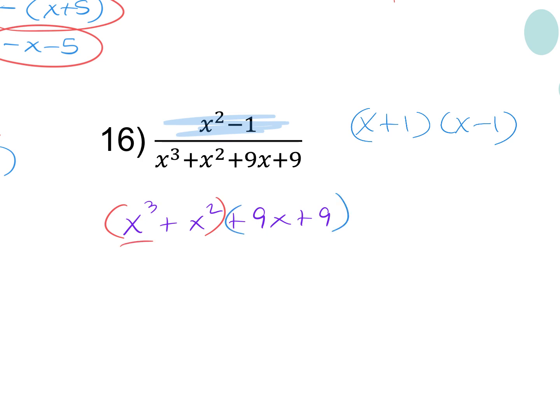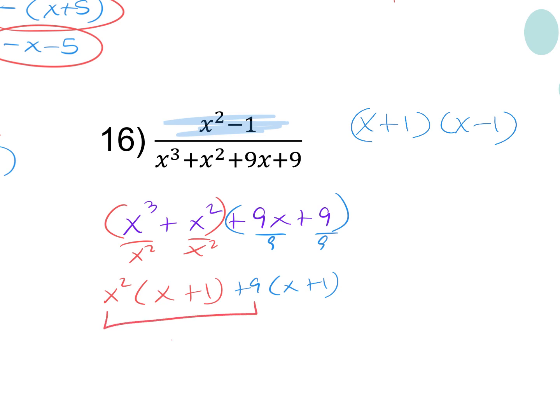My GCF of red is x squared. And I'm left with x plus 1. GCF of blue is going to be 9. And I'm left with x plus 1. And now I can put these two together, x squared plus 9, and then the two that are the same, the x plus 1.